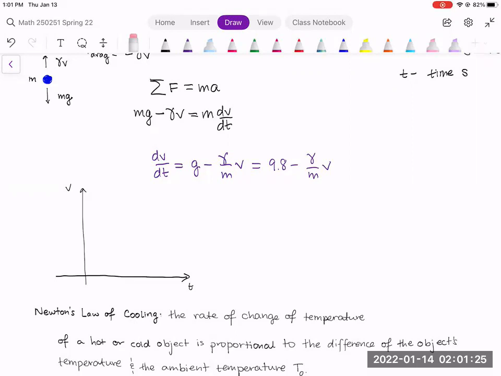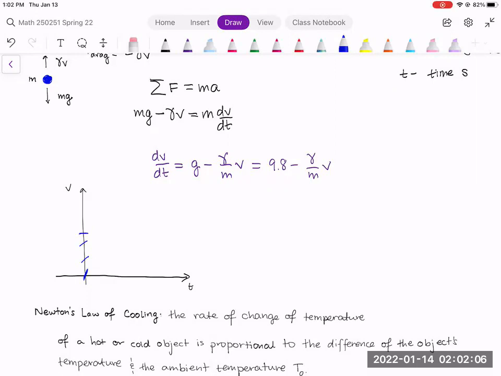When v is small, if we start out close to 0, notice that we're going to have positive slope, looking like our velocity has a rate of change close to 9.8. Now, as v increases, our slope is going to be getting smaller until at some point we're going to have a slope of 0.